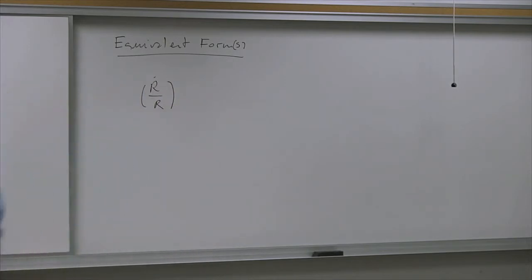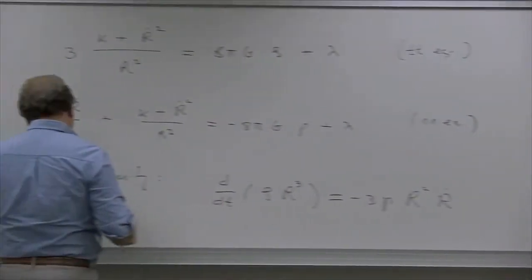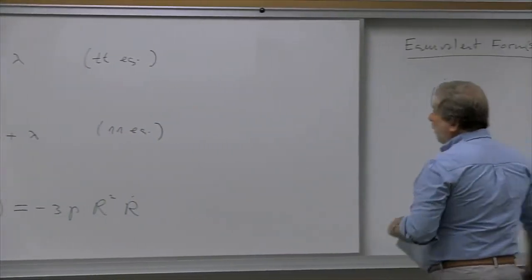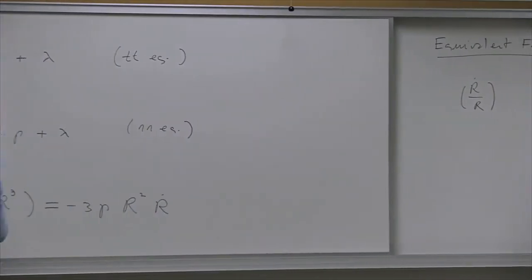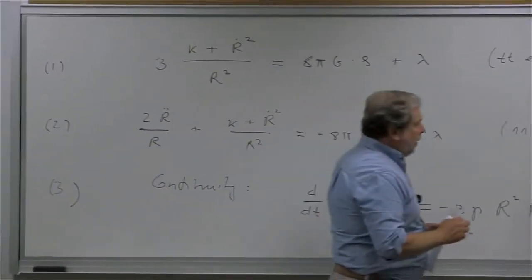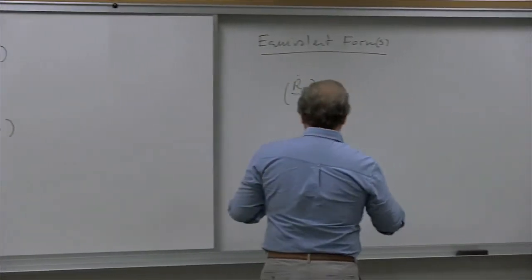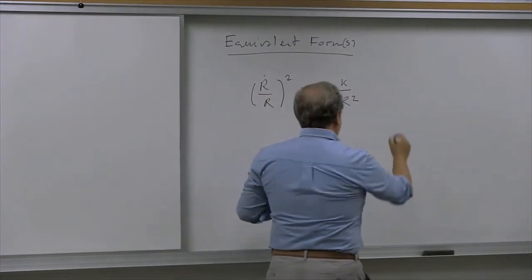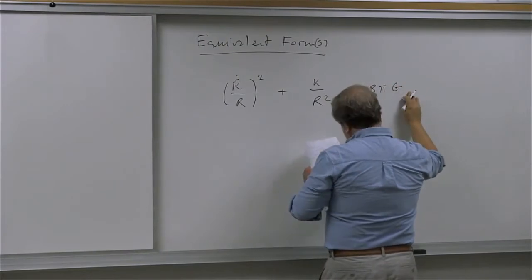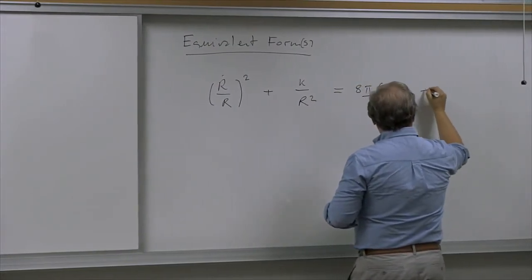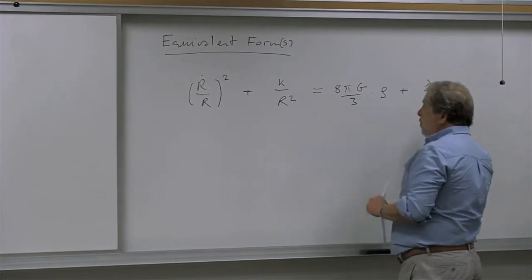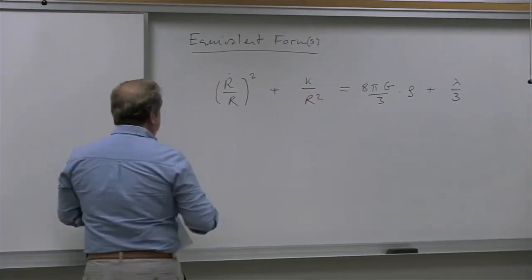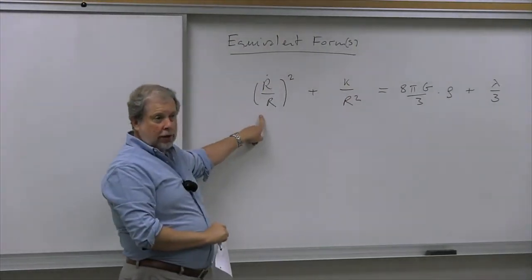The first equation we can, well, we'll leave it essentially the same, except we're going to divide out by 3, and we'll isolate the k over r squared term and write it as (r dot over r) squared plus k over r squared is equal to 8 pi G over 3 times rho plus the lambda term, which in this case is just lambda over 3 because we divided everything by 3. And well, this part here is going to be recognized in a little bit as essentially the Hubble constant term.